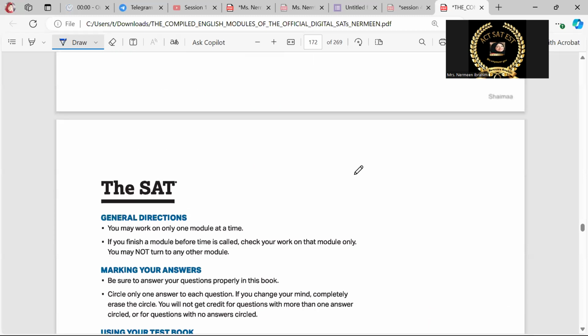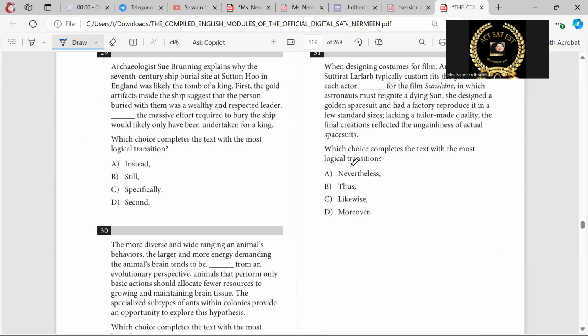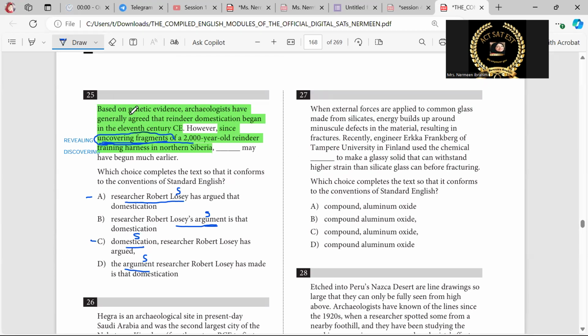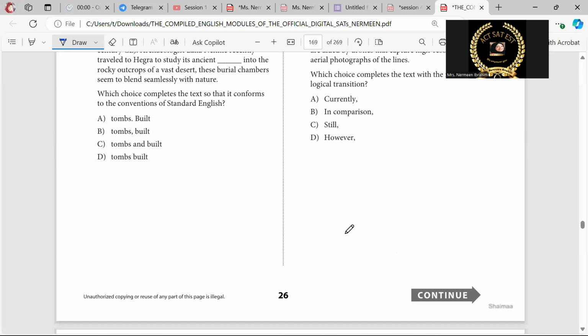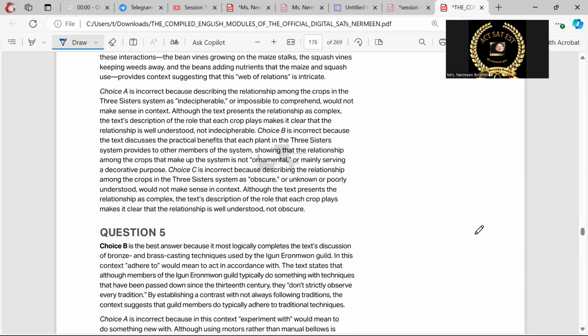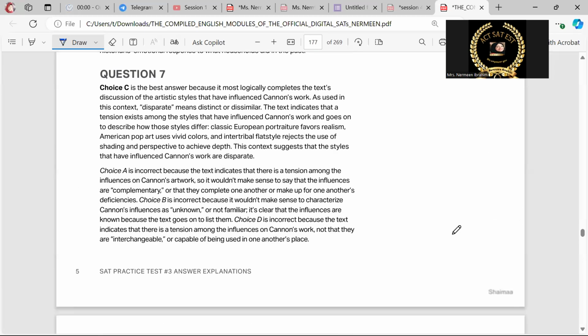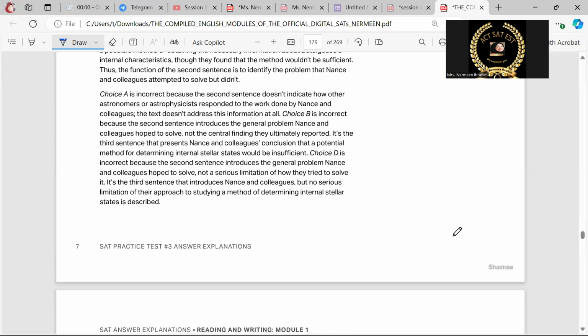But you need to make sure which question you are dealing with. This is 25 in module 2. You will find all the answers in case you want to practice. You will find the answer key written for you after each test.